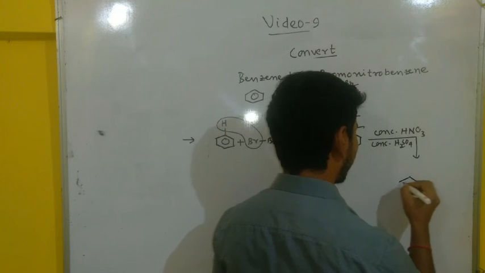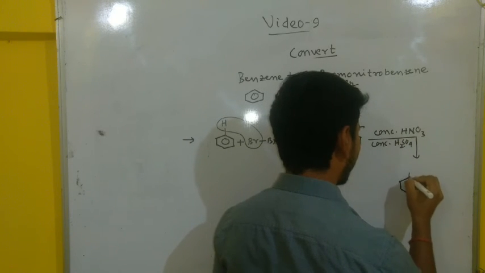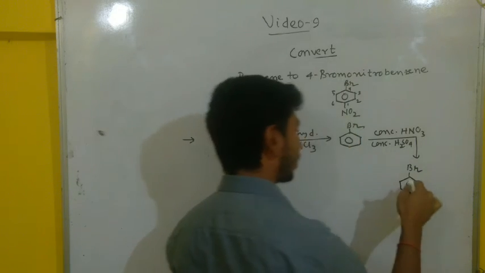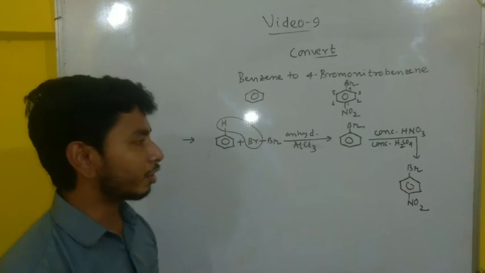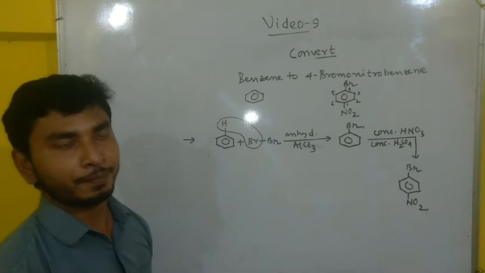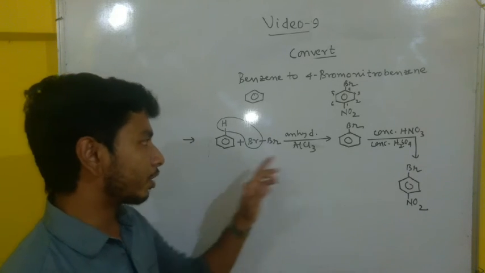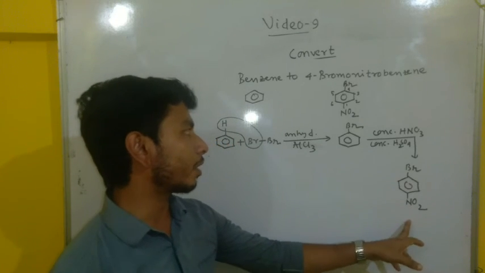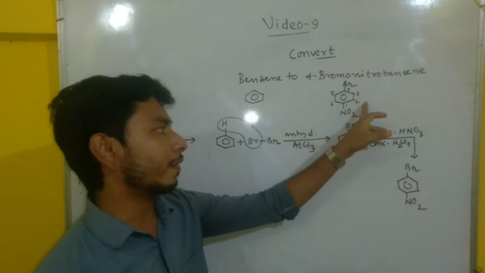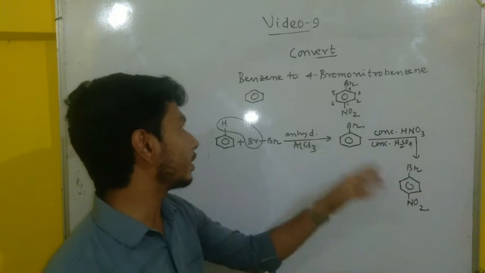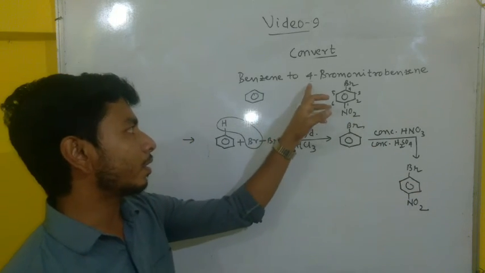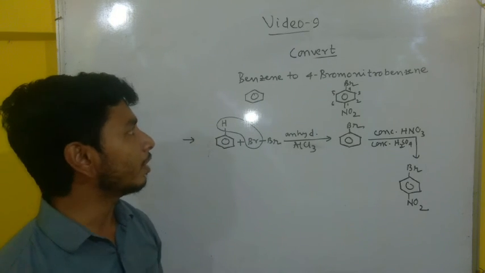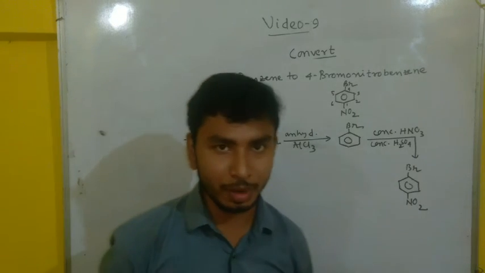So in the nitration, in the para position, we will get one nitro group. We also get the ortho product, but the ortho product is the minor product. In the conversion, we need only the major product. So this is the major product, and we get our final product. This is the conversion of benzene to 4-bromonitrobenzene.